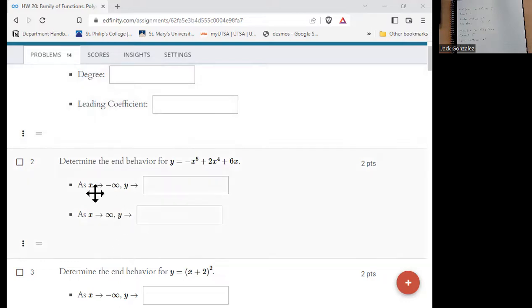What I want you to see right here is this is asking you, as x goes to negative infinity, meaning the left direction, what is the y doing? If it's odd and negative, we have this shape. Let me switch back in just a second.